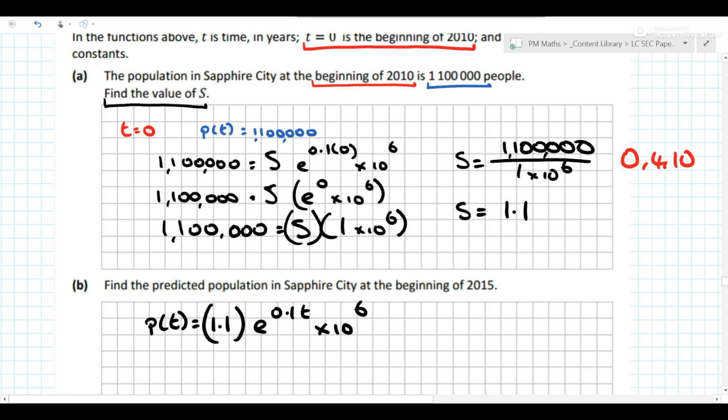Well, at the beginning of 2010, t was 0. So at the beginning of 2015, t is going to be 5.